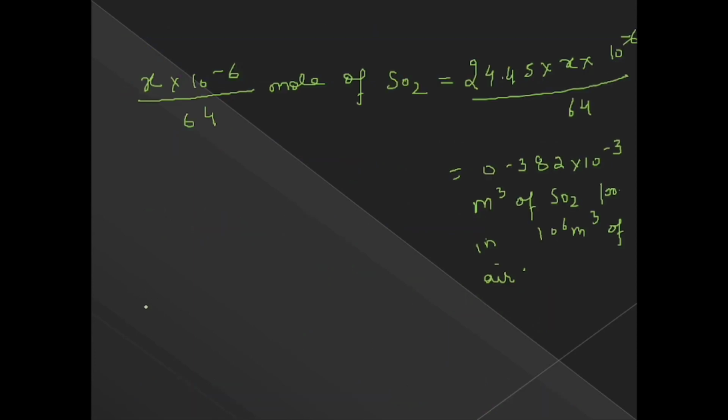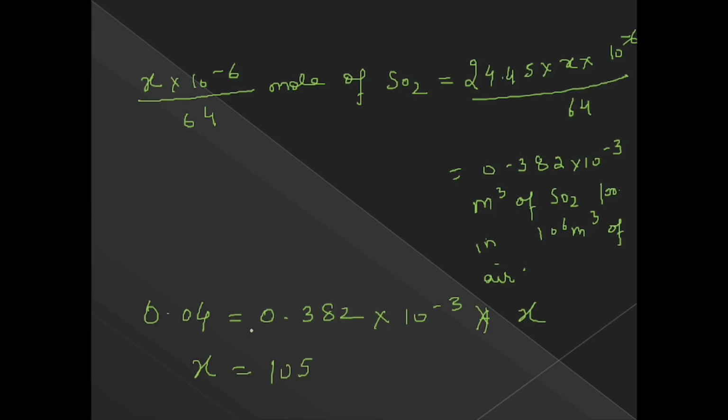Now 0.04 is equal to 0.382 into 10 to the power minus 3 into x. From here the x value is nearly 105.